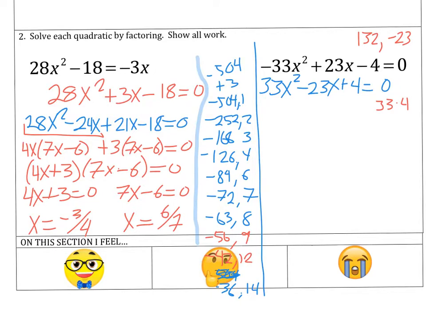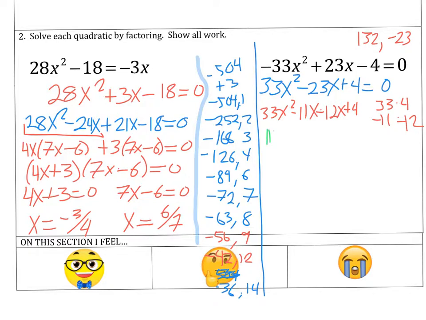So let's try something else. Maybe do something with 11, because I know 3 and 11 go well together. And 11 times 12 would end up giving me positive 23. I need negative 23. Both those got to be negative. So we end up with 33x squared minus 11x minus 12x plus 4.